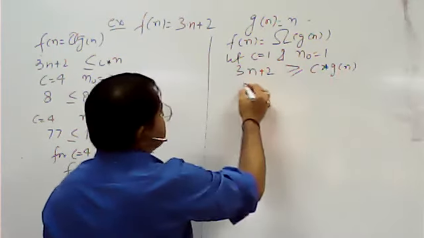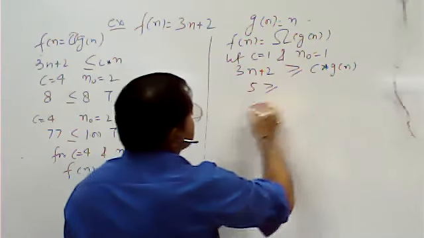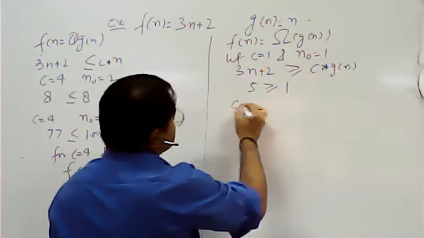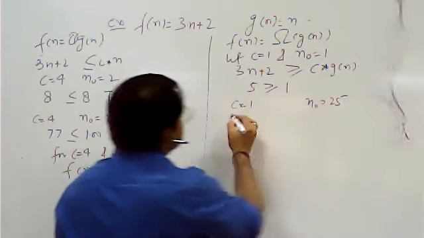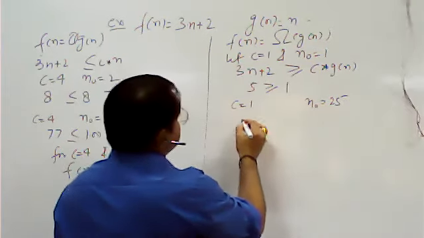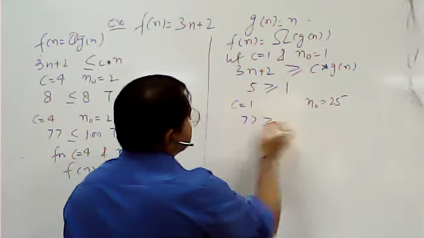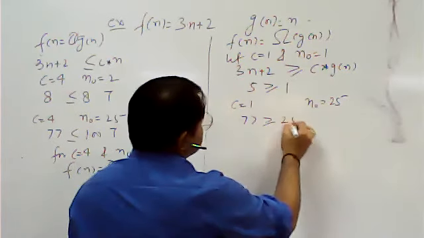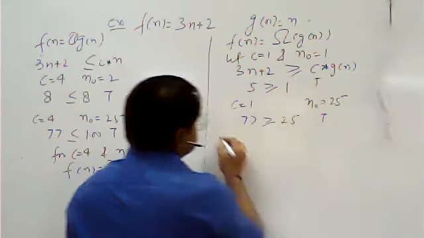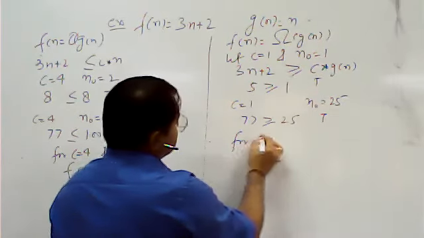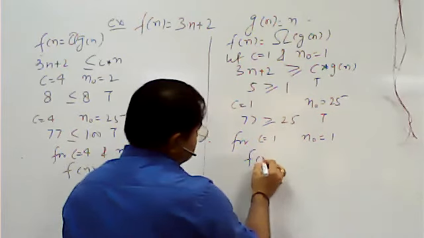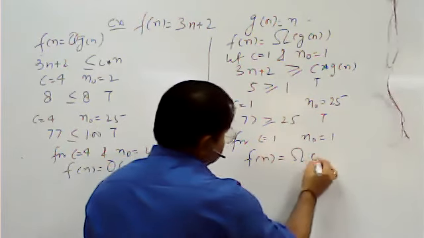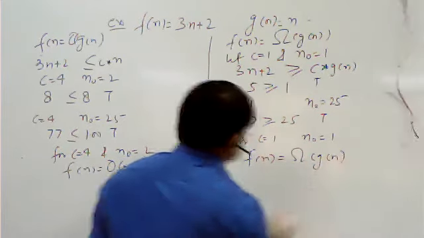So if you put the values here, we'll get 5 greater than or equal to 1. Let C be equal to 1 and n0 equal to 25 randomly. So we have 77, which is always greater than or equal to 25. Condition is true here also. Therefore, for C equal to 1 and n0 equal to 1, Fn is equal to omega of Gn. Okay?